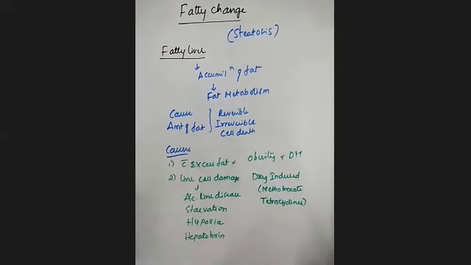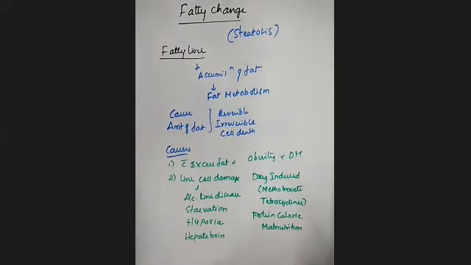And the next one is protein calorie malnutrition. These are the different examples related to liver cell damage. So these are the causes for fatty liver.